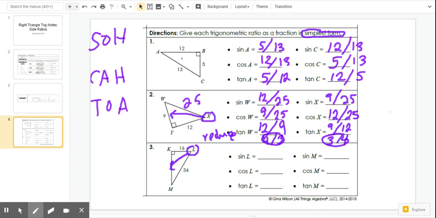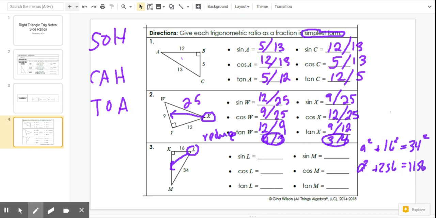So let's call that side A. That's a leg. The hypotenuse is 34. So let's do A squared plus the other leg squared, which is 16, equals C squared, the hypotenuse squared. So 16 squared is 256. So A squared plus 256 equals 34 squared, which is going to be a big number, 1,156.